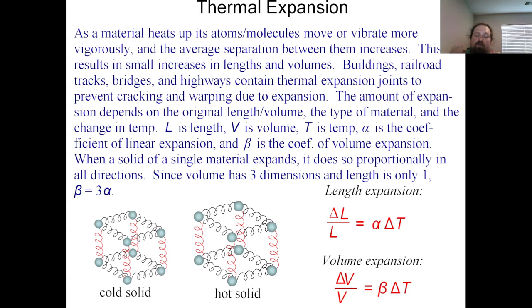In general, solids do expand, but not really by a whole lot. Meanwhile, liquids expand more than solids and gases expand more than liquids. Subsequently, that means that gases are also easier to make smaller when you cool them off.